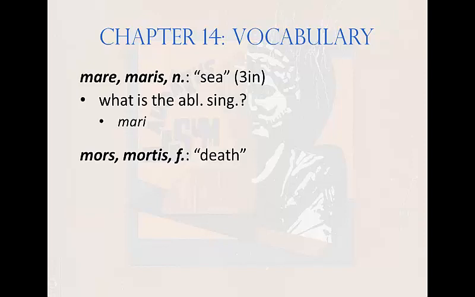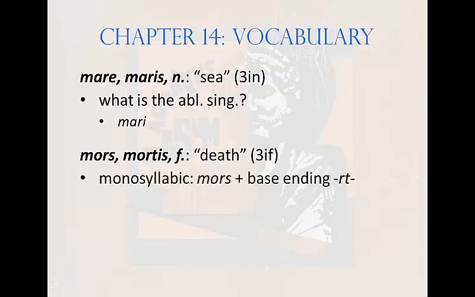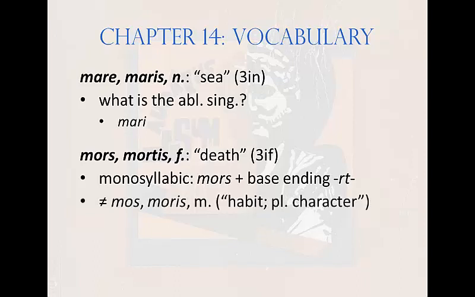The next word is mors, mortis, feminine, meaning death. Is it I stem? It is. It's monosyllabic, mors, and it has two consonants, R and T, at the end of its base. Therefore, it is I stem. Be careful not to confuse this word with another word we've already had, mos, moris, masculine, which means habit or, in the plural, character.